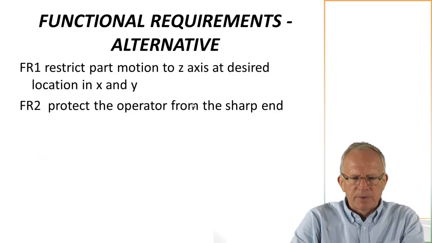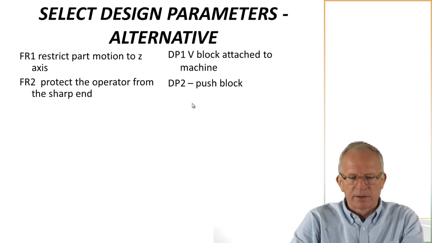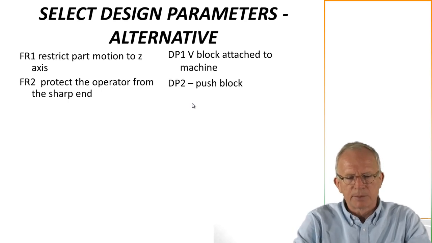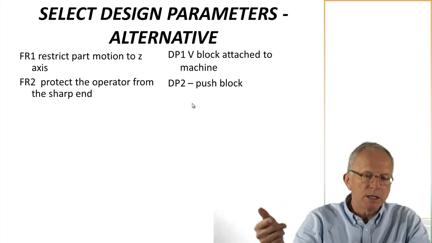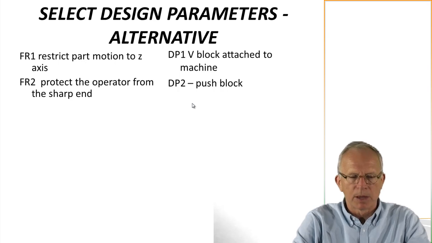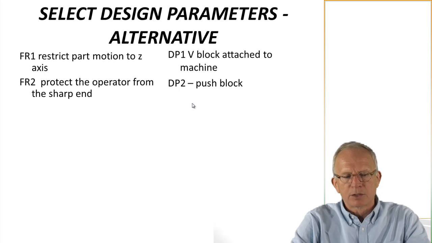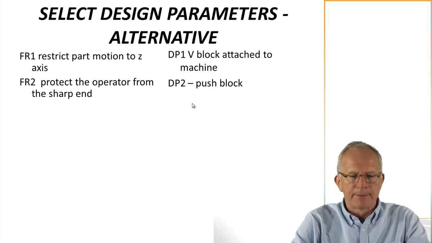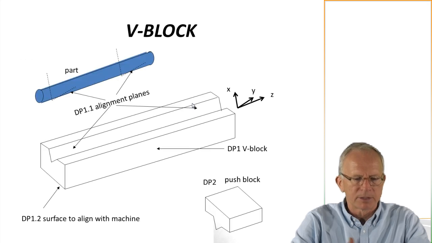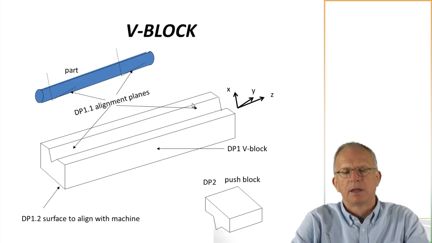So there's an alternative set, and it comes up with essentially the same DPs, which is interesting because this means there's not one unique way to come up with the best design. There may be equivalent ways of coming up with the same thing. This one looks a little better because it only has 2 FRs, which would be a smaller number and therefore desirable, but the solution ends up being the same.